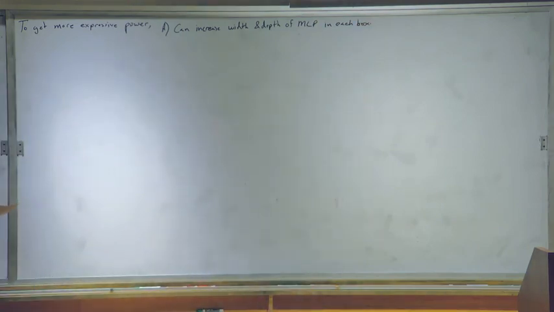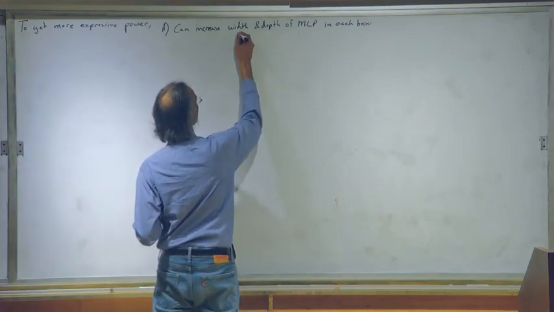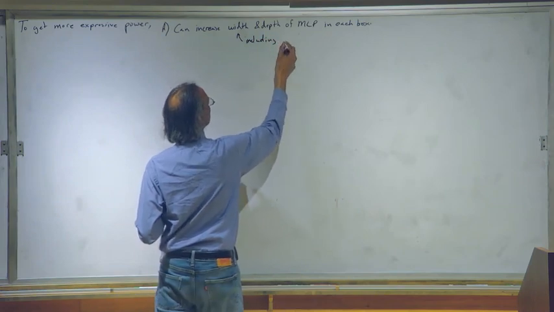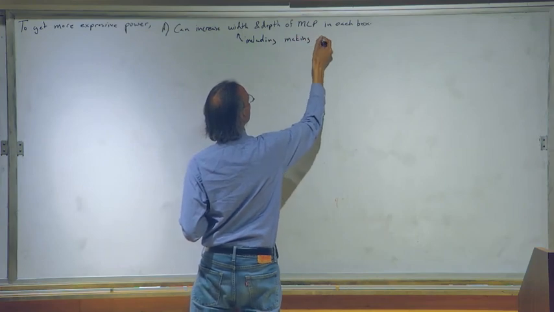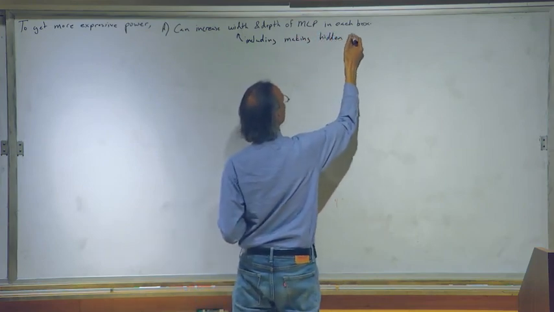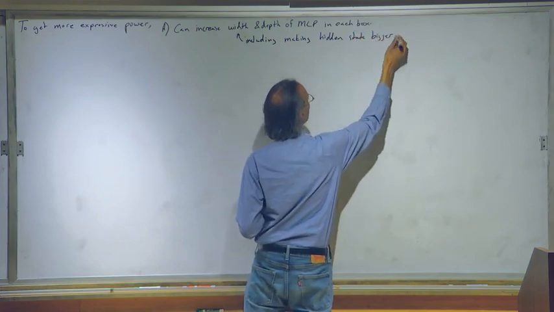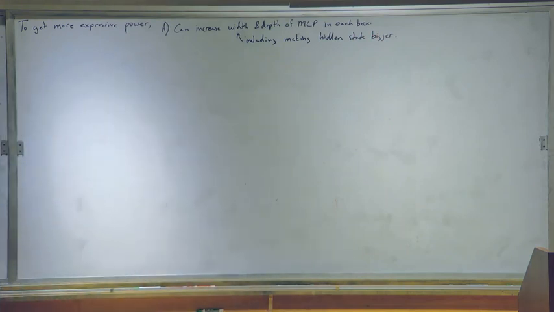And a part of width here that I didn't mention last time is making the hidden state bigger. Like more dimensions in the hidden state.